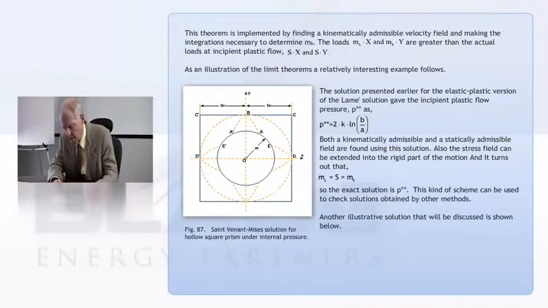So that is cute. We've got an exact solution for a problem that in elasticity would be quite awkward to solve. But in terms of limit analysis, it's practically trivial if you know the cylindrical solution to begin with. So there's little tricks that can be played here and there.